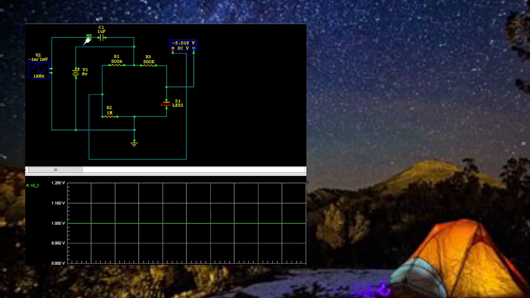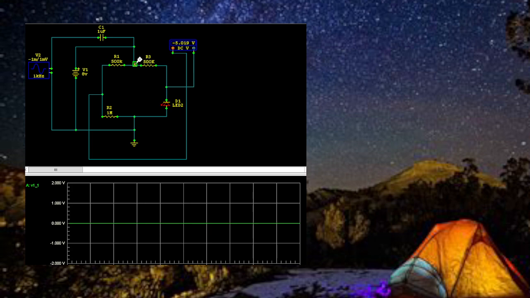So it says 1 volt AC coming out of here. It should be 1 millivolt. Let's do the meter, which I don't know where the meter is.